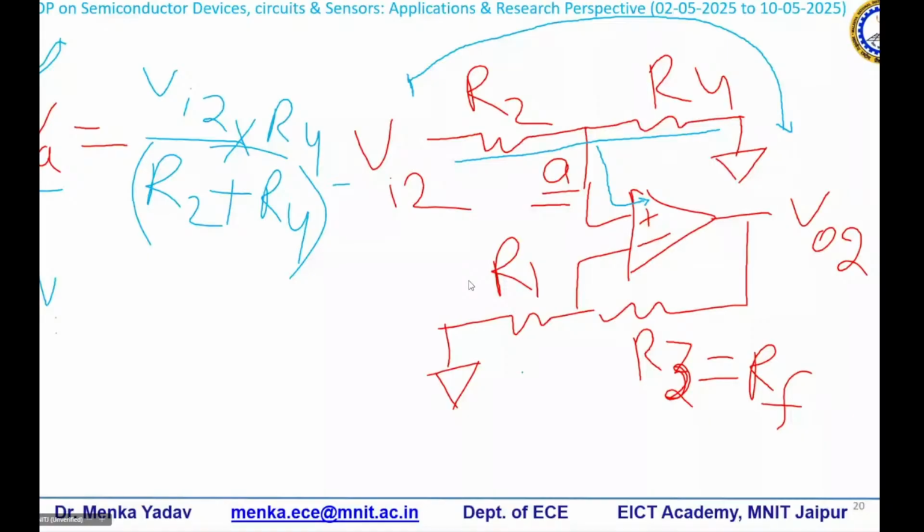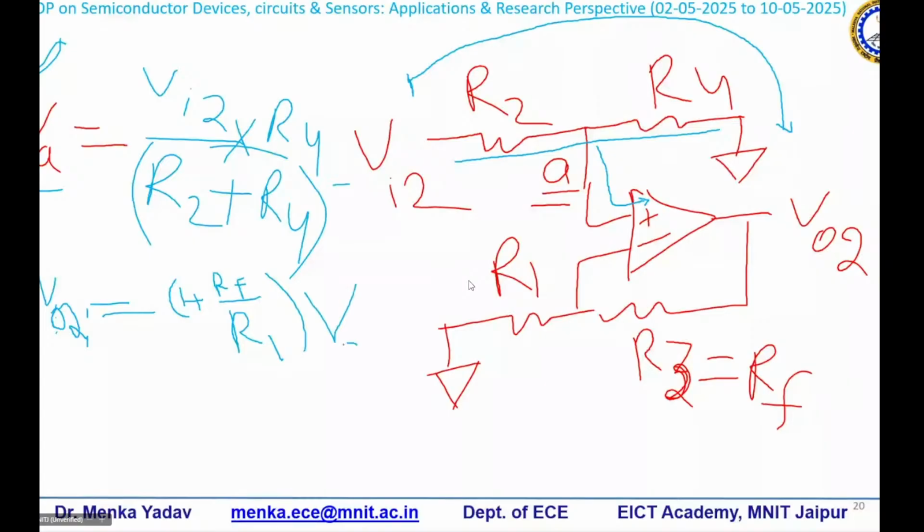Yes, VO2 is equal to 1 plus RF upon R1 into the input at the non-inverting terminal, and that is VA.